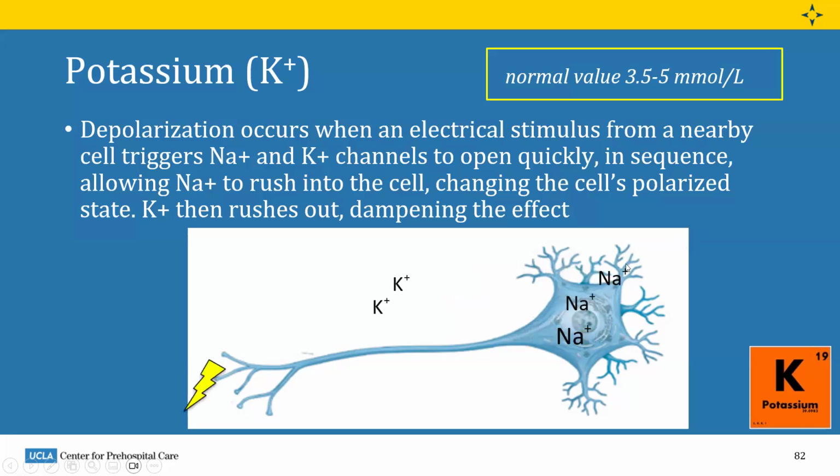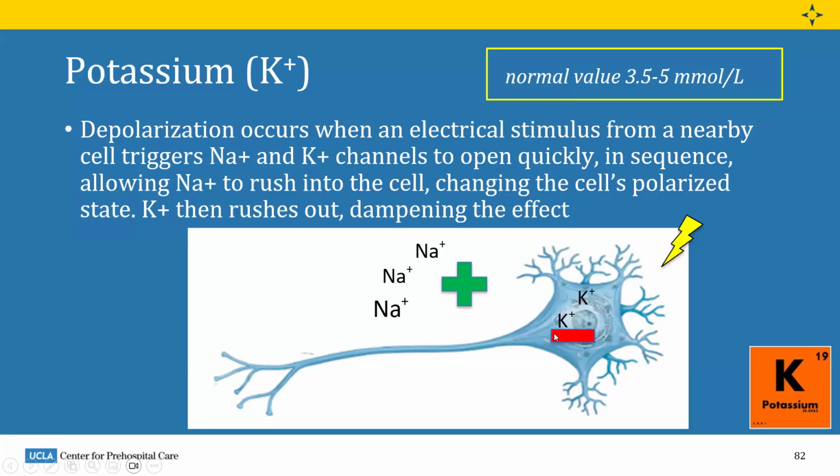And then this is just showing you that essentially sodium, when we have our action potential, right? Potassium is inside the cell, sodium is outside the cell, and we have our stimulus. Because there's a gradient, the stimulus causes the ion channels to open, which will cause potassium to rush out, sodium to rush in, because there's that gradient between the outside of the cell and the inside of the cell.